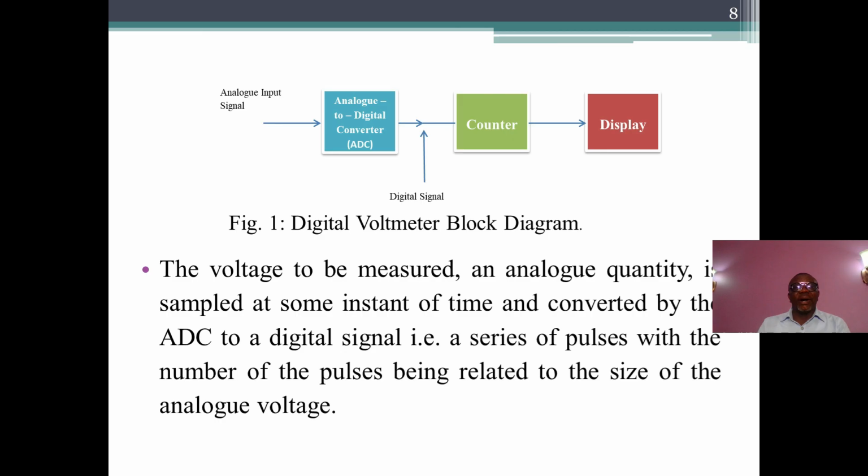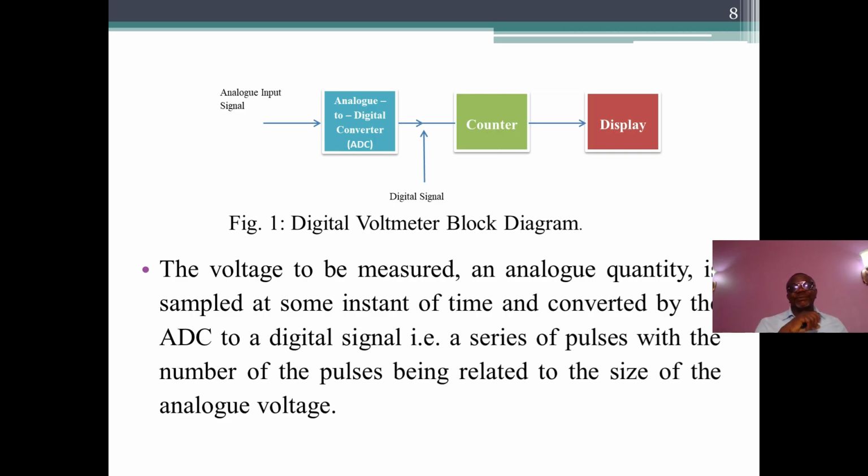If you look at Figure 1, you have an analog input signal, then the analog to digital converter, and then the output is fed to a counter, and as the analog signal is being converted, the counter takes cognizance of the number of conversions and displays it.